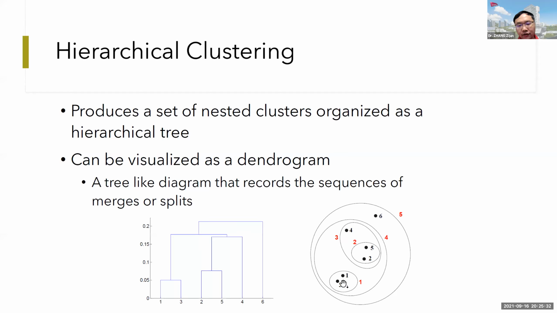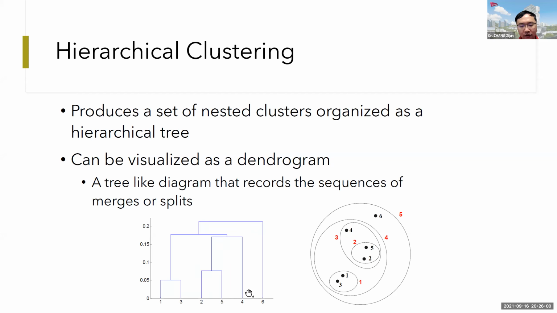For example, here we have data points 1, 2, 3, 4, 5, 6. By applying hierarchical clustering, 5 clusters are produced, and they are nested. In the first iteration we cluster data points 1 and 3, in the second iteration we cluster 2 and 5, and in the third iteration we cluster 2, 5, 4.